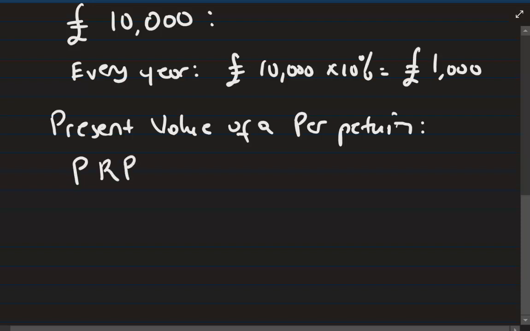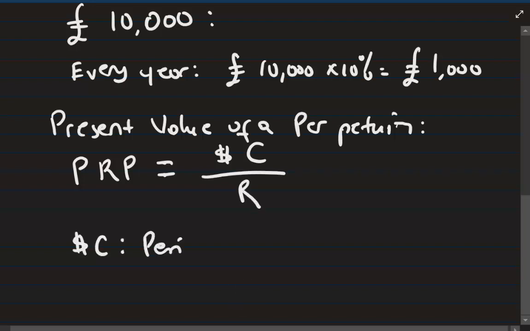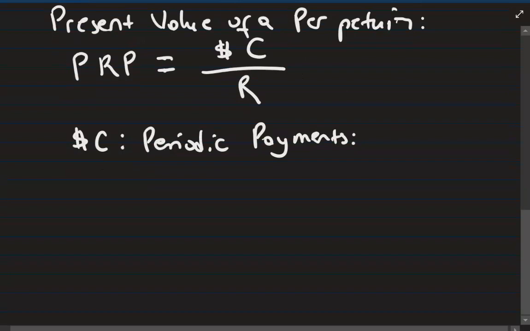It's simple. You're going to call the periodic payments $C, and you're going to divide that by R, where $C is periodic payments, so if it is monthly, and R is the period interest rate.